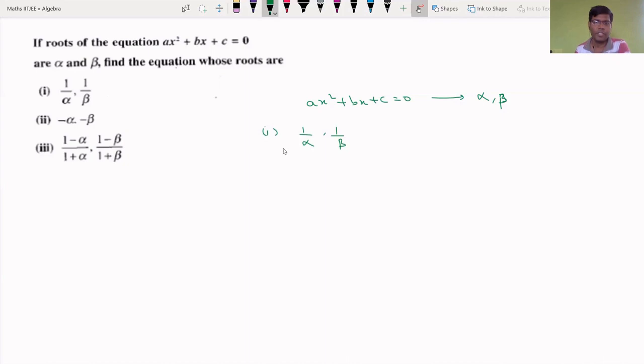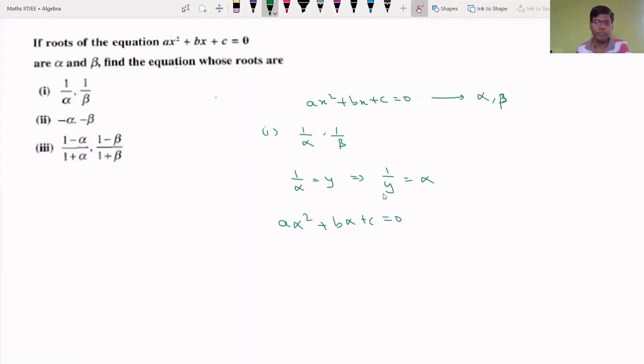So in this case, alpha and beta satisfy this particular equation. So if I take, say, 1 by alpha is equal to y, I'm taking some variable y, which is 1 by alpha, which will give me 1 by y is equal to alpha. But I know that alpha satisfies this equation. So that means a alpha square plus b alpha plus c is equal to 0.